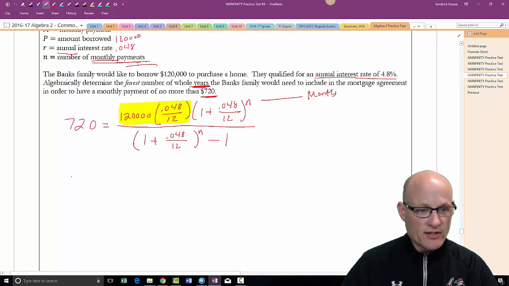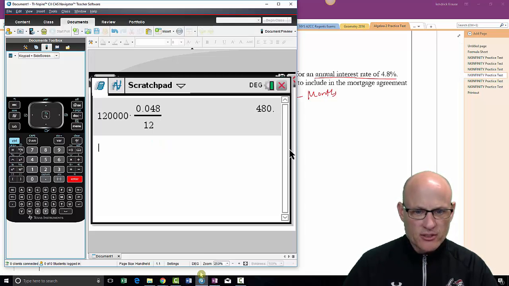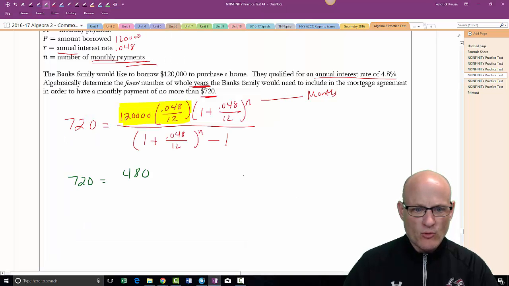So let's see. I got 720 is equal to 480 times... I want to figure out what that is too, that'll make my life a little bit easier. So 1 plus 0.048 divided by 12 is 1.004.